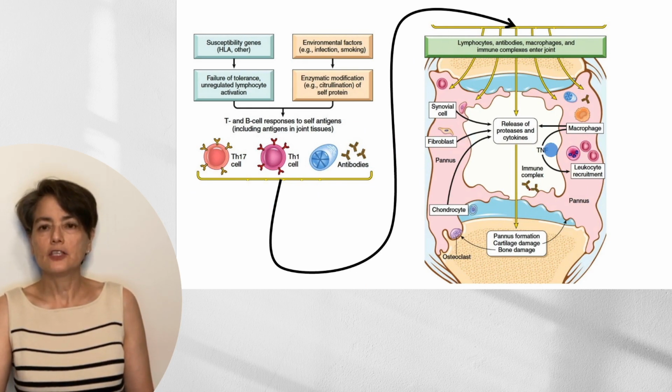We shift over to here, and we see that these cells are going to enter the joint space, and not just the cells, but also immune complexes, stimulating synovial cells, fibroblasts, and chondrocytes to release proteases and cytokines, as well as macrophages being stimulated to release proteases and cytokines. Macrophages are going to elaborate tumor necrosis factor, which is going to recruit lymphocytes, and we're going to have deposition of our immune complexes here.